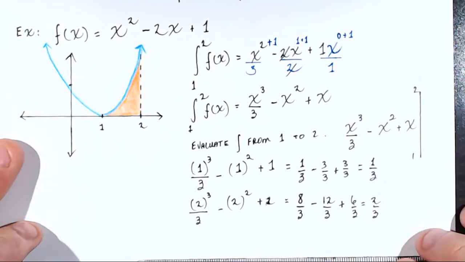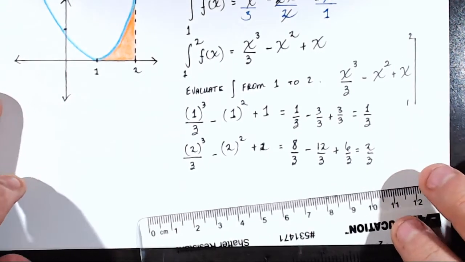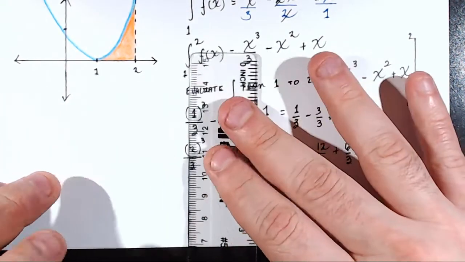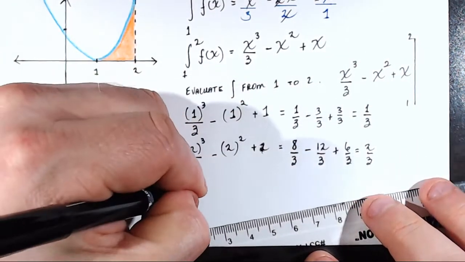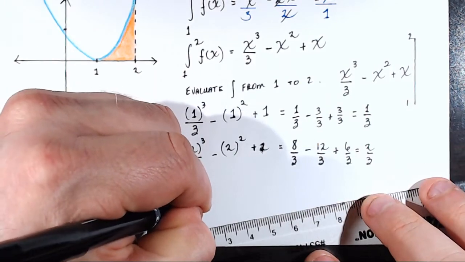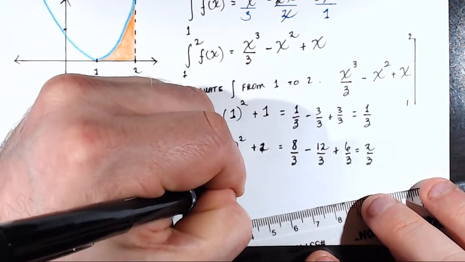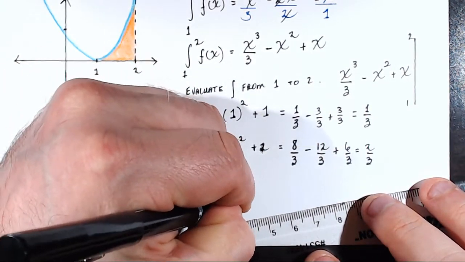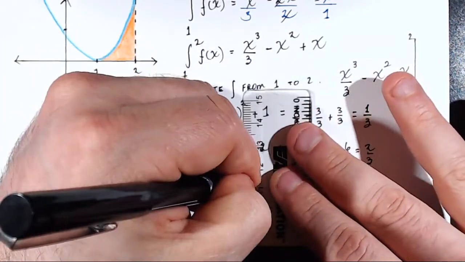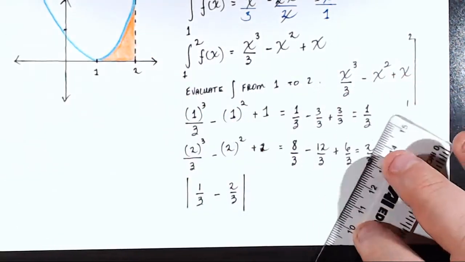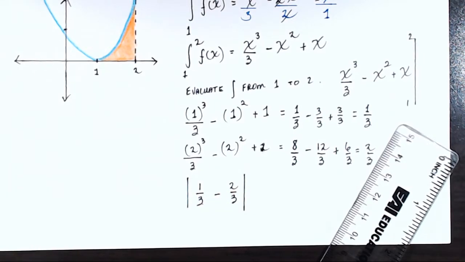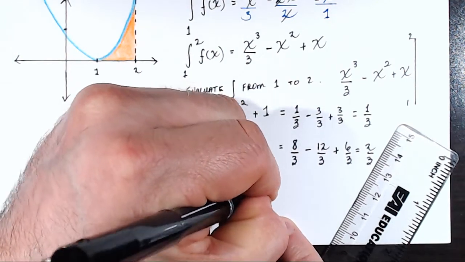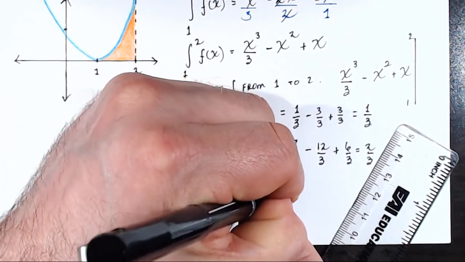Okay, and now to finish the problem, I find the absolute difference between 1/3 and 2/3. So 1/3 minus 2/3 is negative 1/3, but the absolute difference is just 1/3.